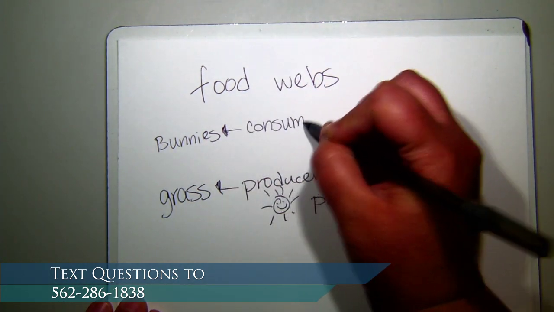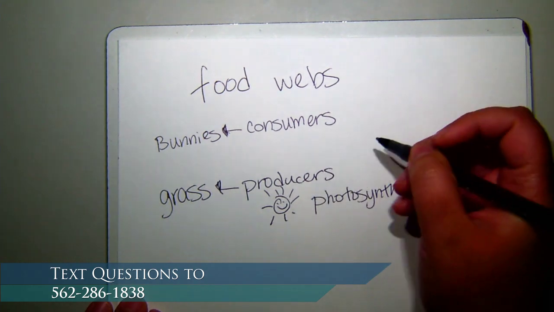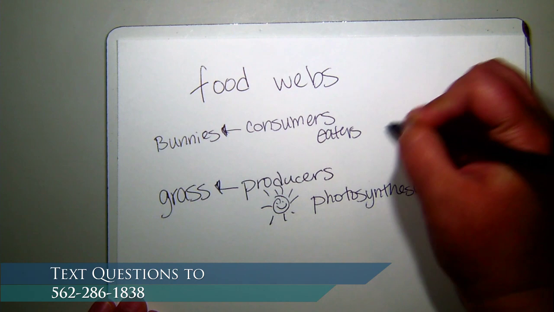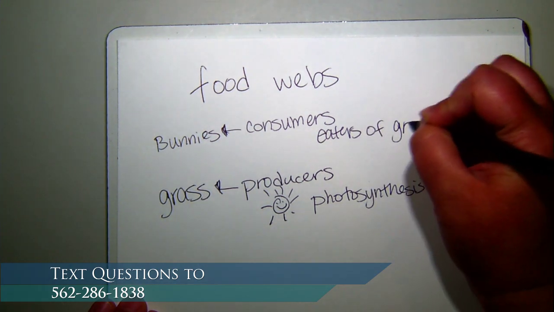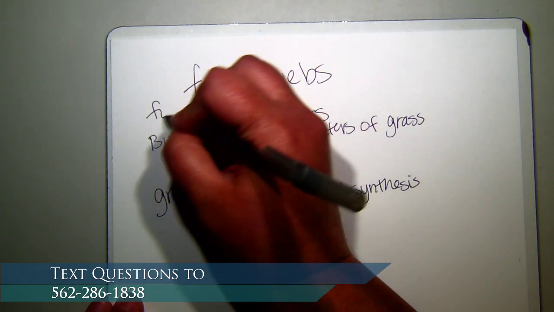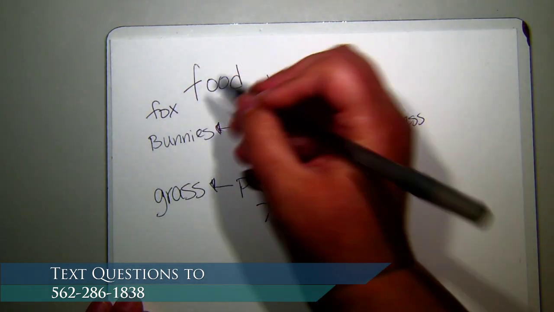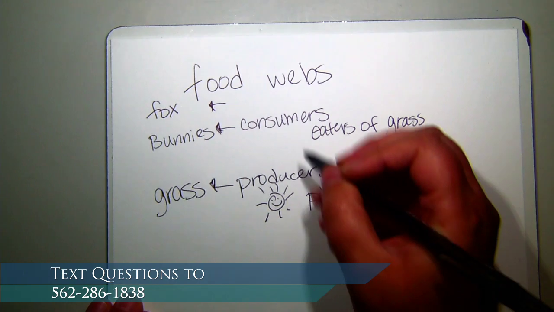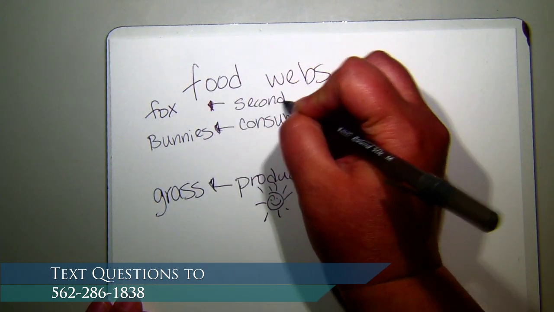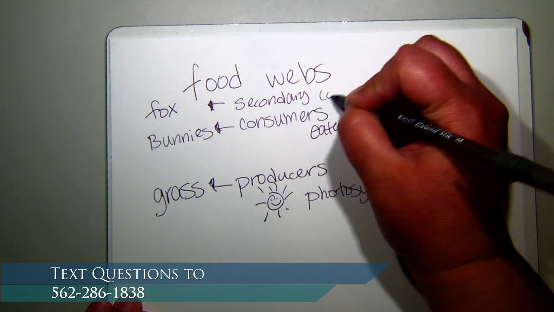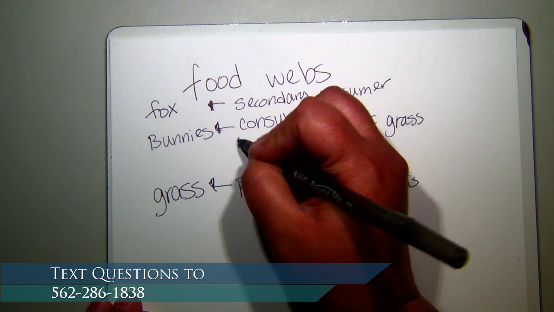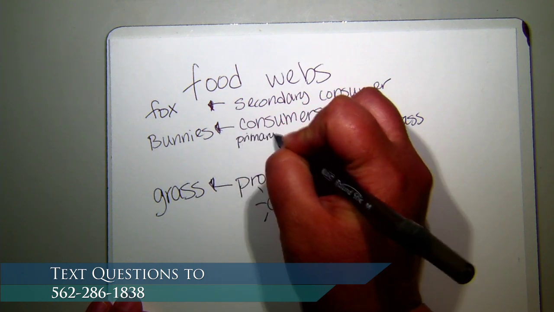Because they are consuming, or eating, all of that grass. Now, let's just say a fox might eat that bunny. And so this is what we like to call a secondary consumer. And our bunny is actually a primary consumer.